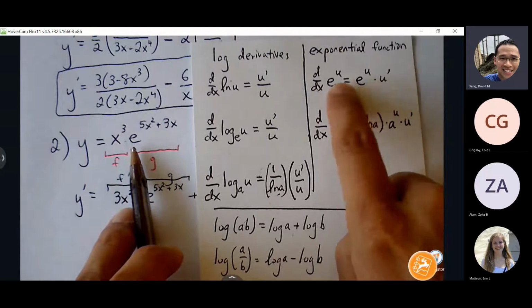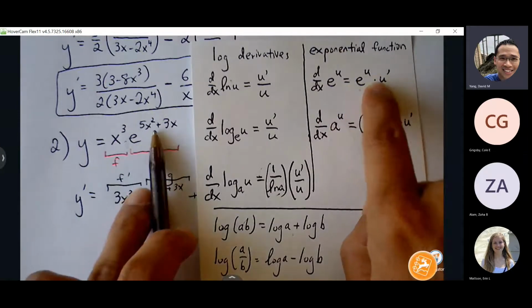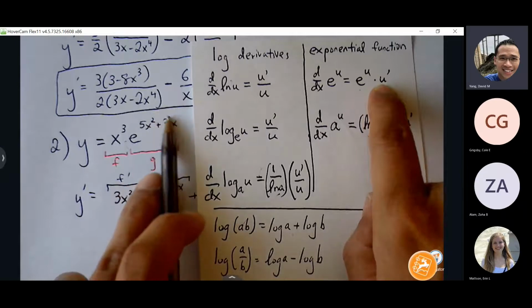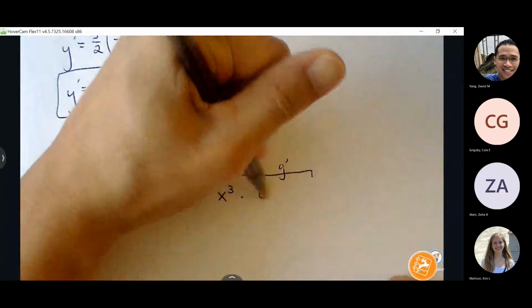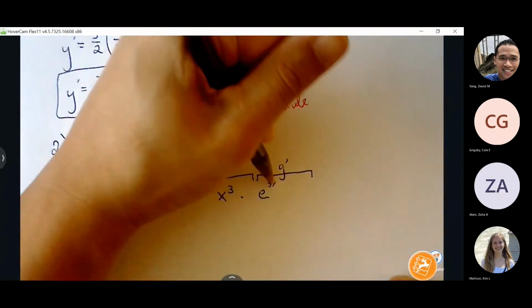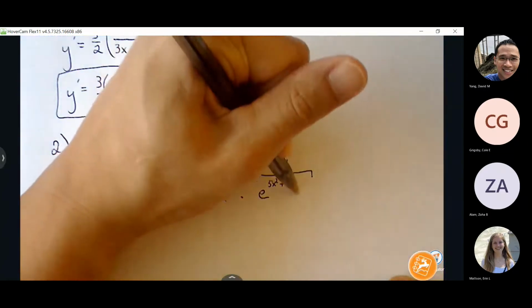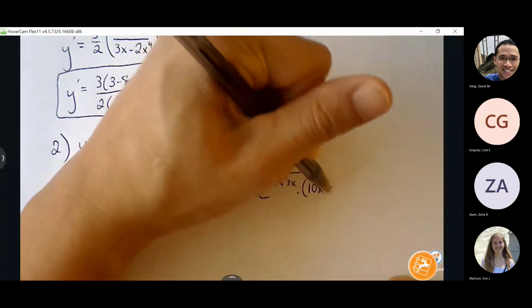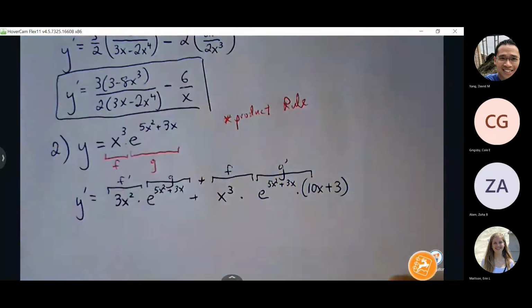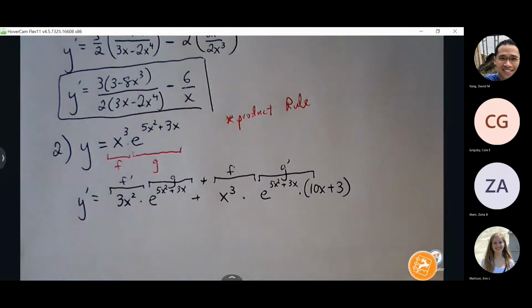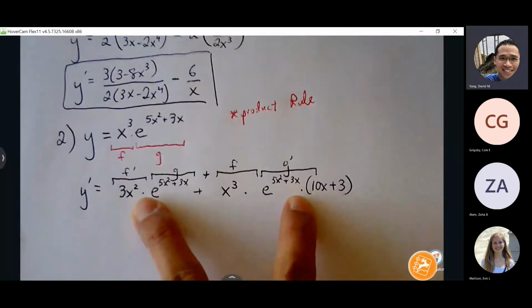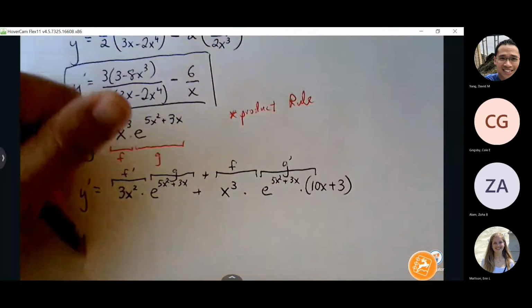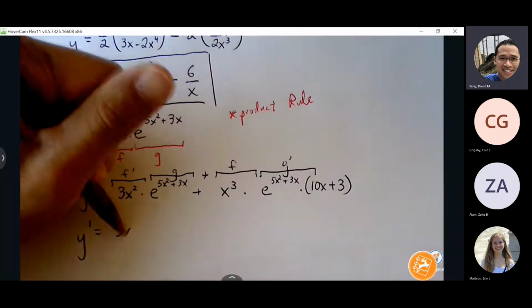The rule says e to the u times u prime. u prime is just my exponent's derivative. On my key, I took out a GCF, but this is fine if you leave your answer. Just maybe put things a little closer together here.